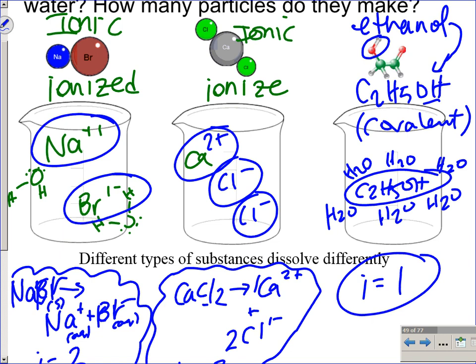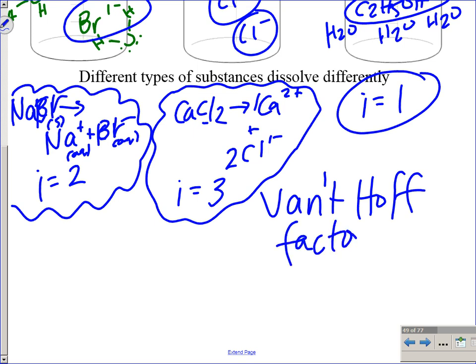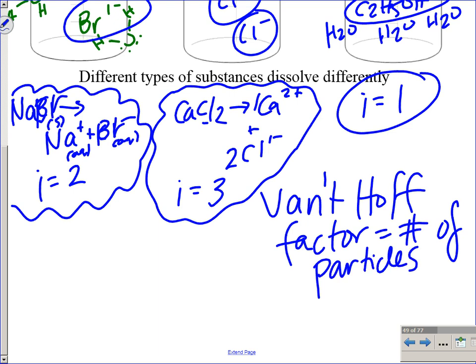Okay, so who is definitely going to make more than an I of 1? Anything ionic. And then covalent things, we're just going to say they don't dissolve, they don't ionize, they don't dissociate. There are many ways to say that, but they will always have a Van 't Hoff factor of 1. So what I've been saying for Van 't Hoff factor is this: it is just the number of particles made from those dissociation processes.